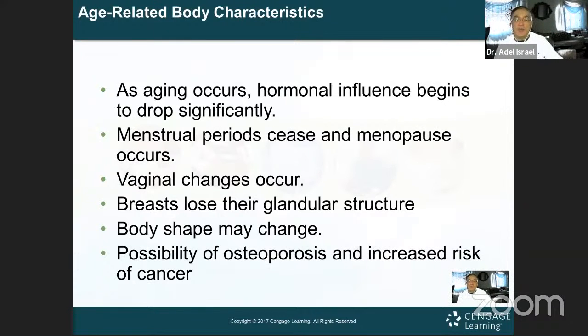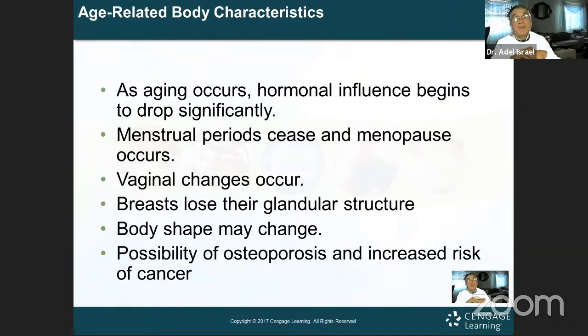The body shape also changes, and there is the possibility of osteoporosis, which is very important. Sometimes the doctor gives the lady estrogen hormone to give her a chance to be healthier, to look younger, and to suffer less from emotional problems. The hormone estrogen is very important for the lady.